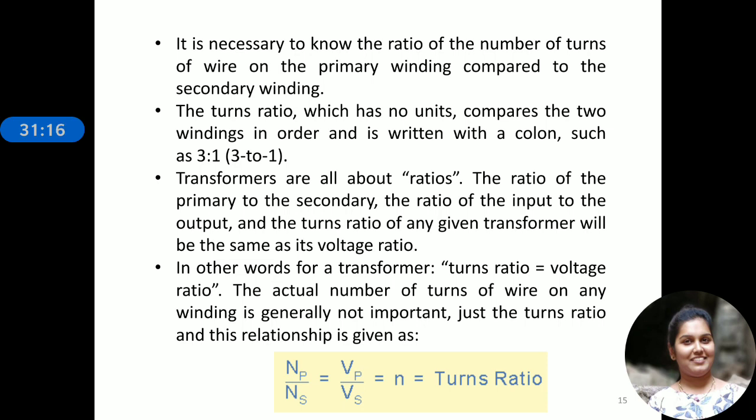If we write it as 3:1, the output is 1 volt, input is 3 volts. If we write it as 1:3, input is 1 volt and output is 3 volts. So when we write the turns ratio, accurate representation should be done. Otherwise, the total transformer action will be upside down.